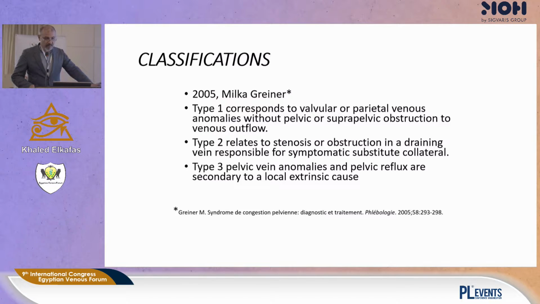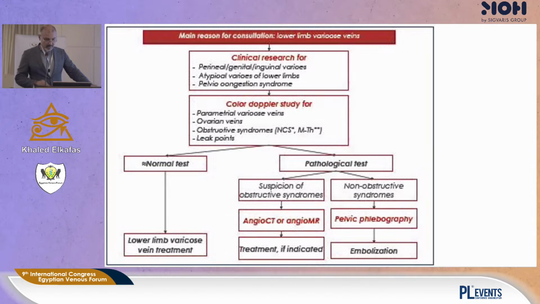Type 1 corresponds to valvular or parietal varicosities without pelvic or suprapelvic obstruction. Type 2 is related to stenosis or obstruction in the pelvic or suprapelvic regions. Type 3 is other abnormalities associated with reflux secondary to local eccentric causes.